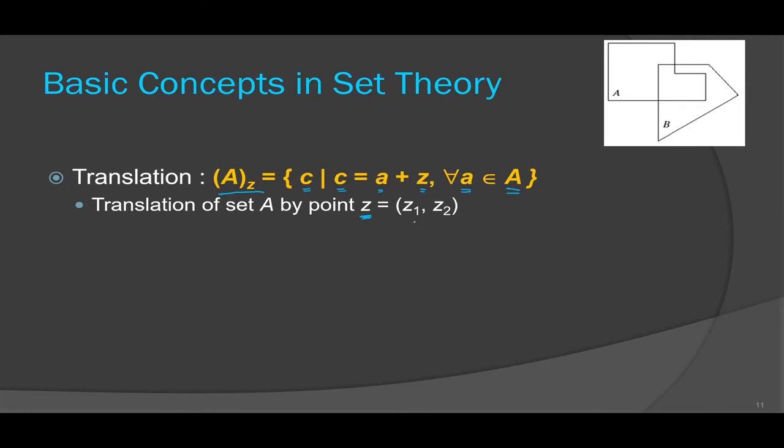So it is the set of elements C such that C is computed as A plus Z, where A is the element from the original set and Z is a point by which we would like to displace or translate our object or our set.